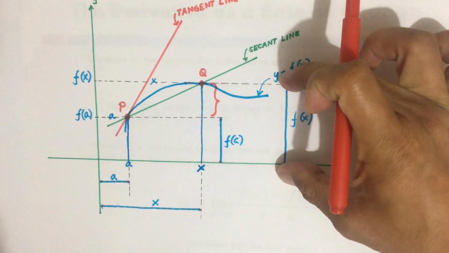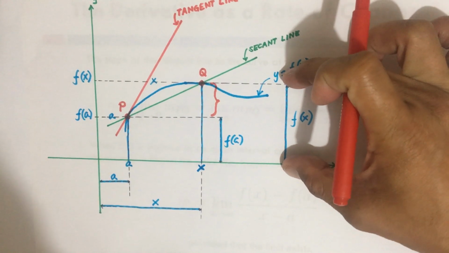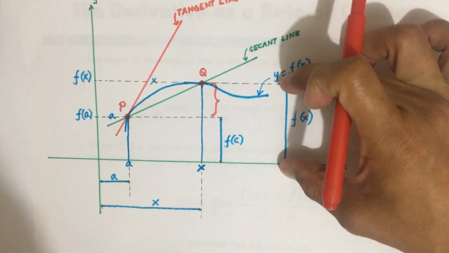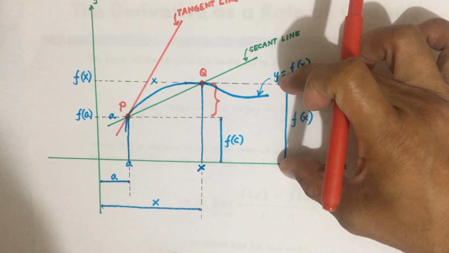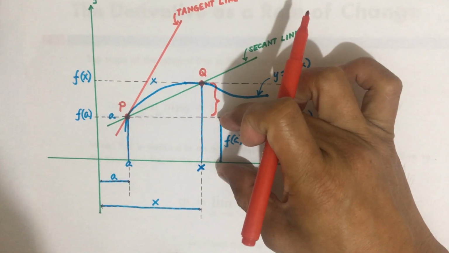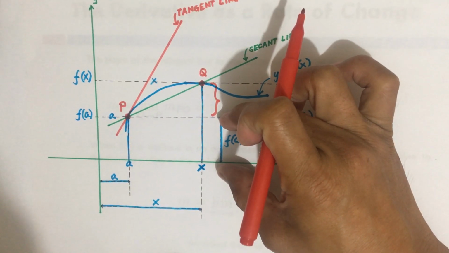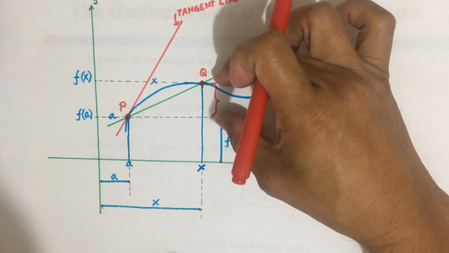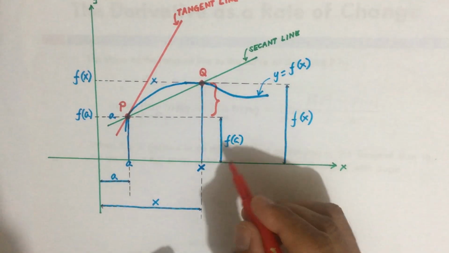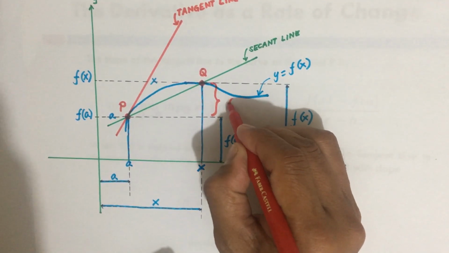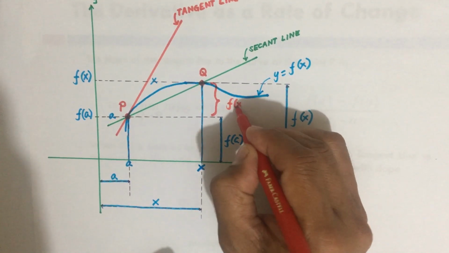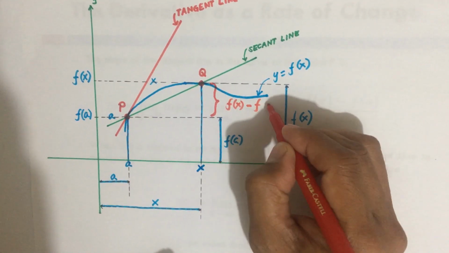This is the height of Q from the x-axis, and this is the height of P from the x-axis. Then the change is just the difference, so this is simply f sub x minus f sub a.